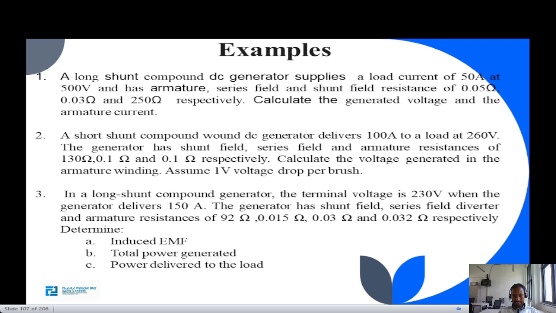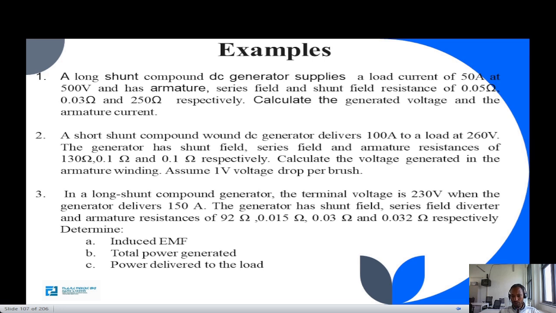And the third question: in a long shunt compound generator, terminal voltage is 230 when the generator delivers 150 ampere. The generator has shunt field, series field, and a diverter, and armature resistance of 92, 0.015, 0.3, 0.32 respectively.